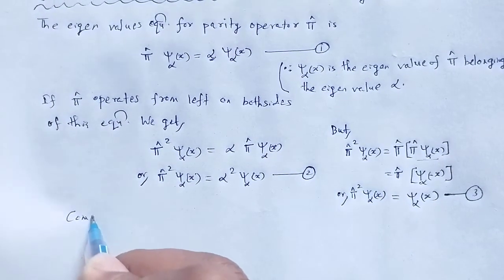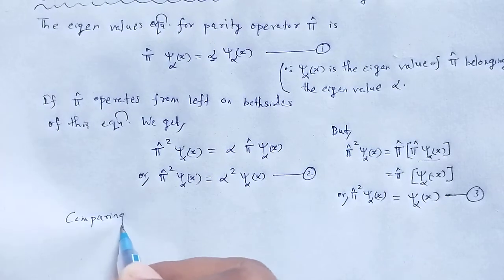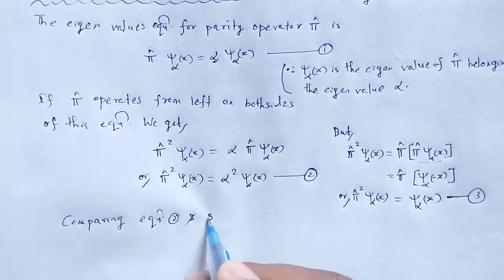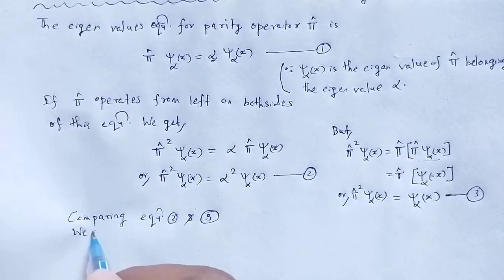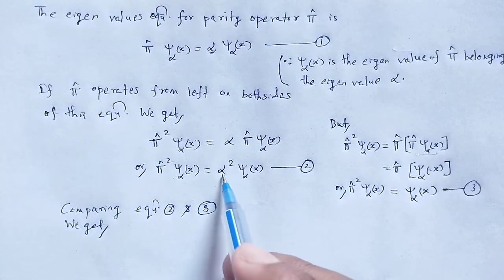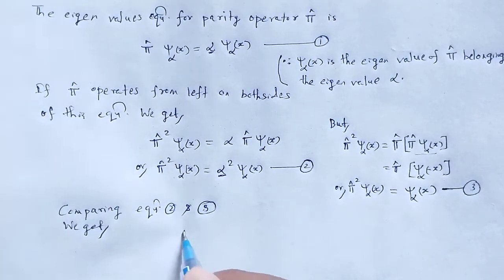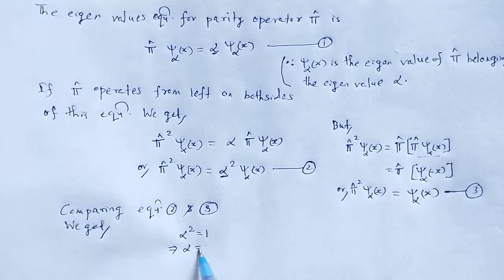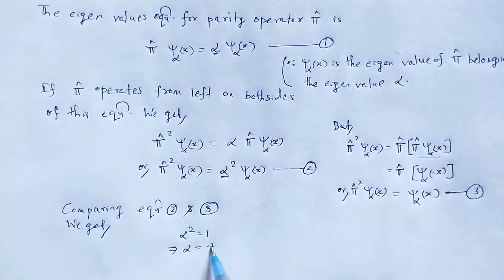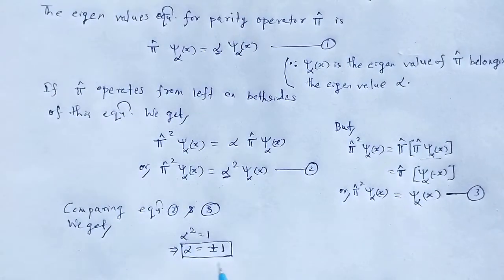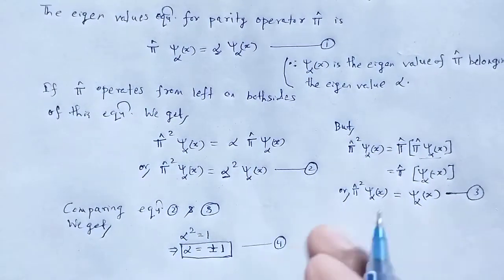Now comparing equations 2 and 3, we get the value of alpha square will be 1, which implies alpha varies as plus or minus 1. Equation number 4.